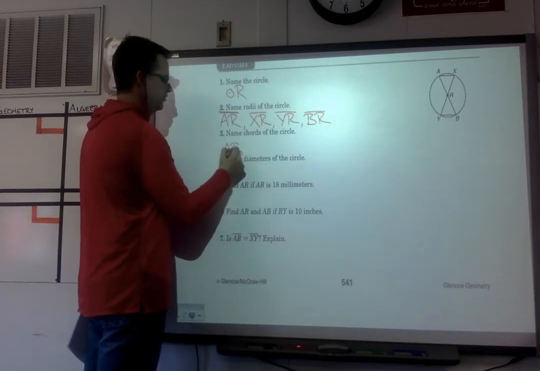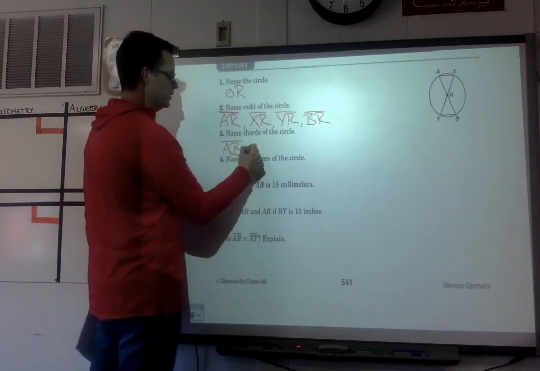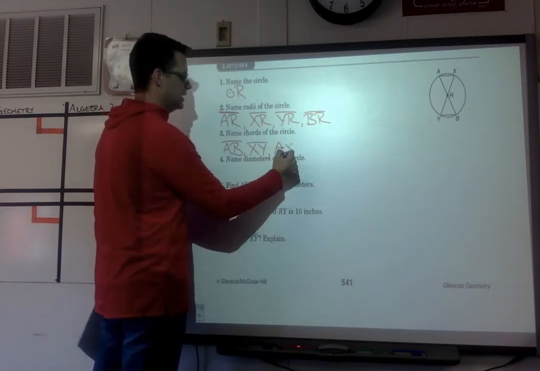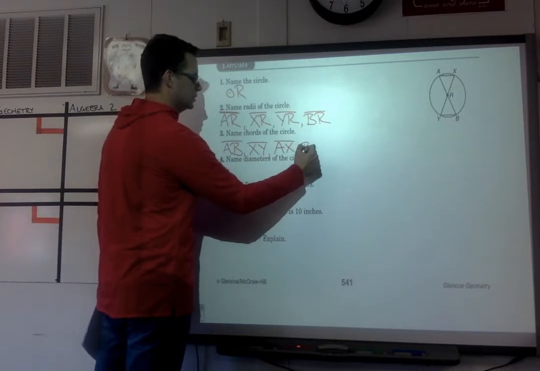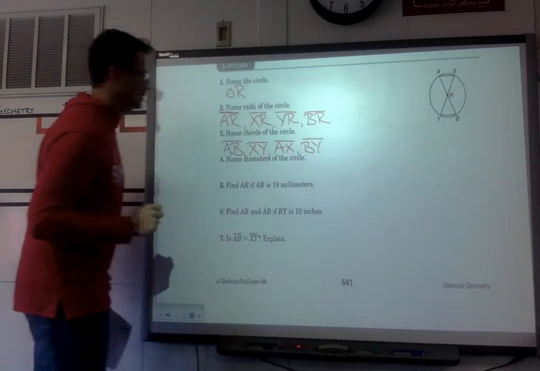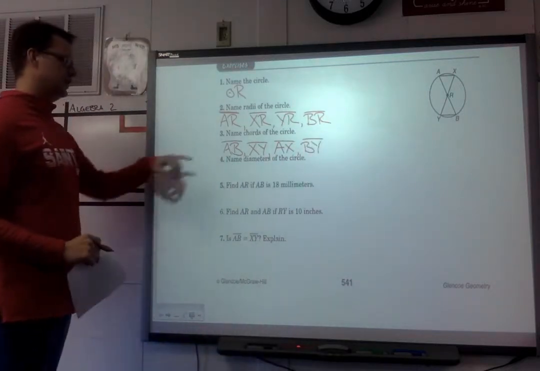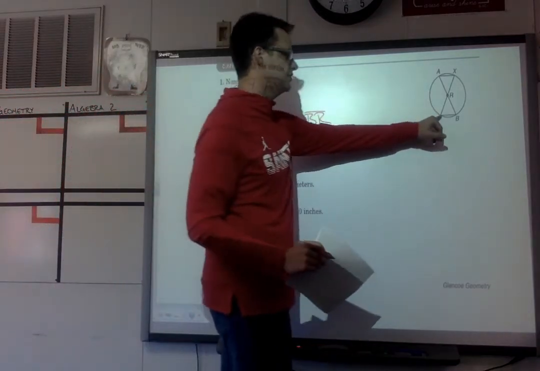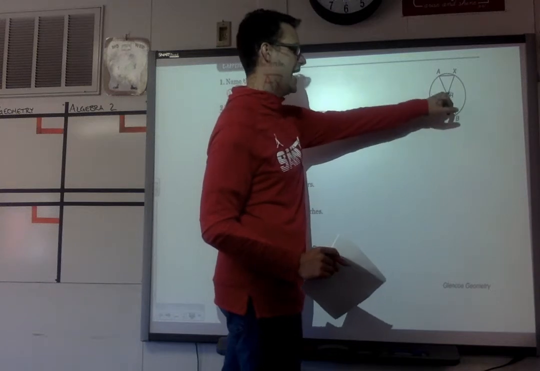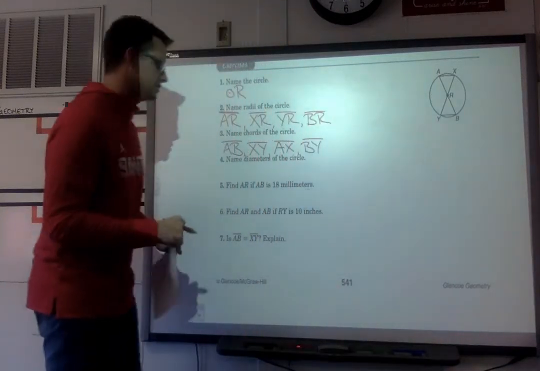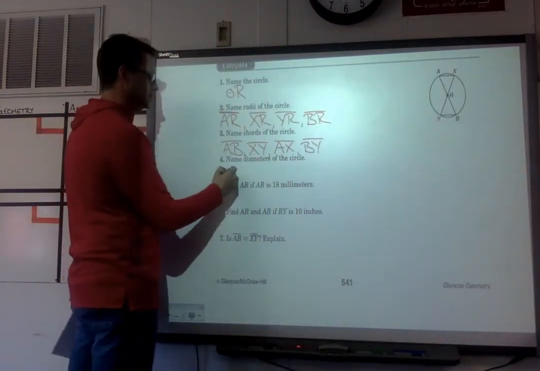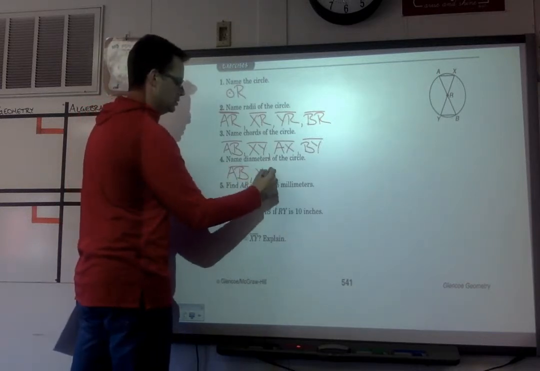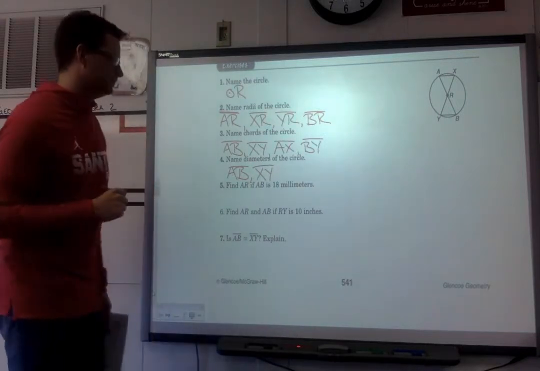So we would have AB, XY, AX, and BY would be our 4 chords. Then the diameters, remember, is a chord, so it goes from one end of the circle to the other, and it has to go through the center of the circle. So in this case, we would have 2 diameters, which would be AB and XY.